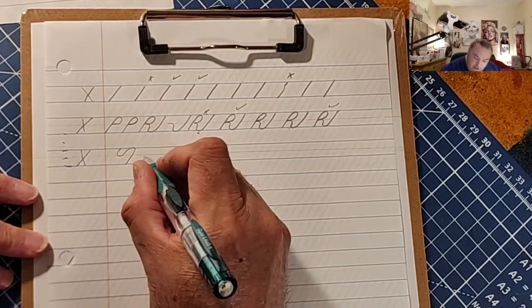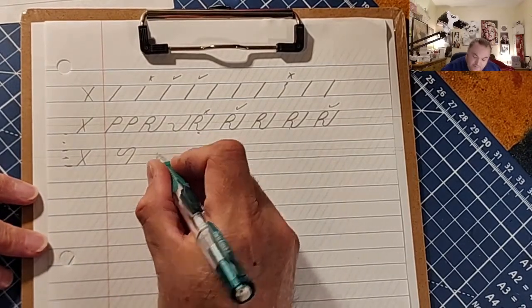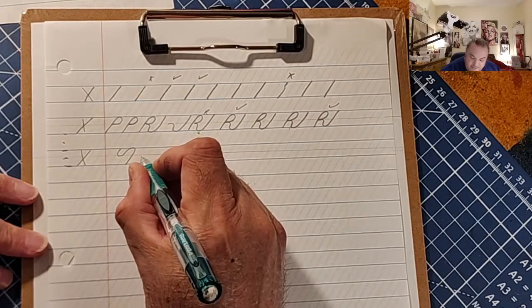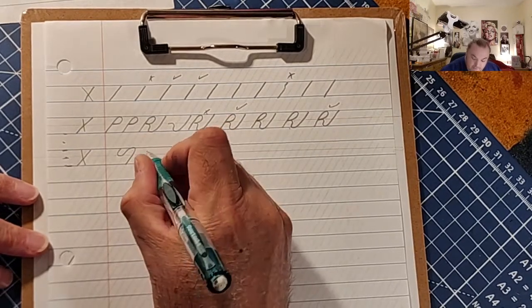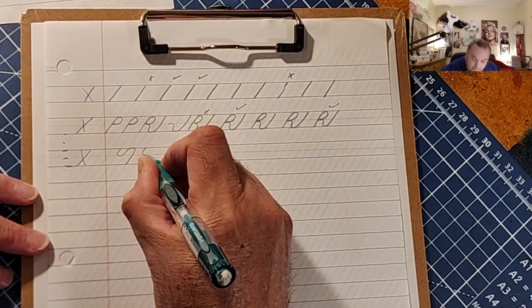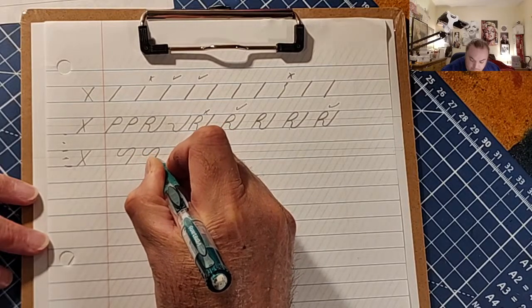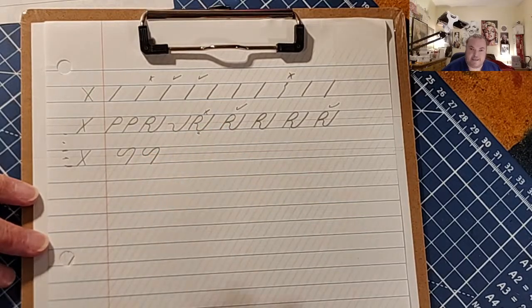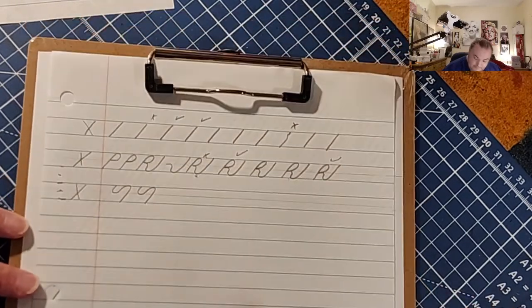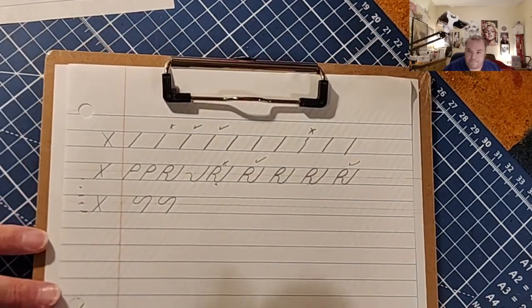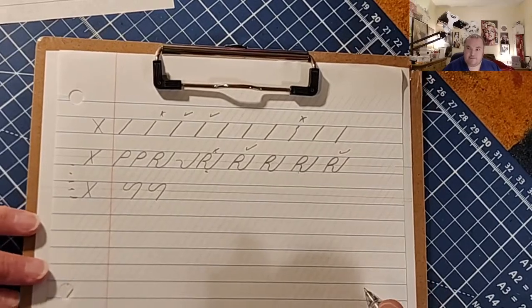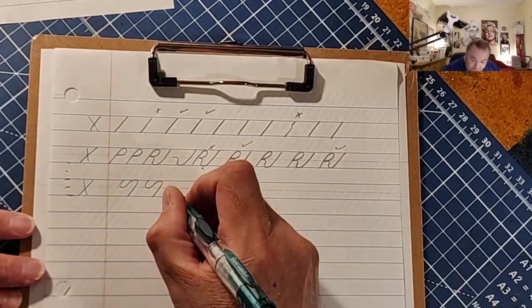So you're making a reverse compound curve, but you're kind of stopping halfway and coming back up. So it should look like this. Okay? It's a mouthful, that's for sure.